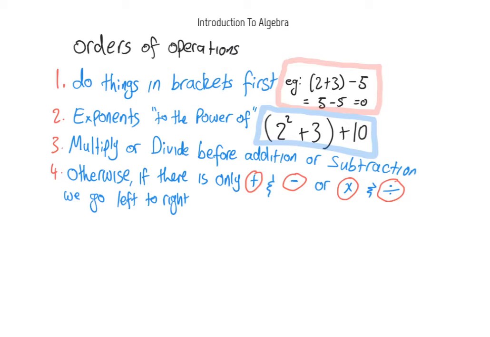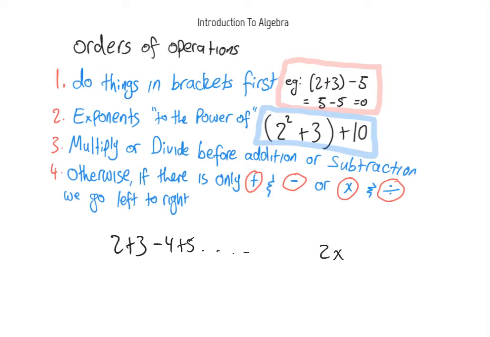Okay, now finally we have rule number 4, which states otherwise, if there is only addition or subtraction inside the equation, or multiplication and division, we just go left to right. So an example is similar to what we had before, say, 2 plus 3 minus 4 plus 5, and you could just go on forever.